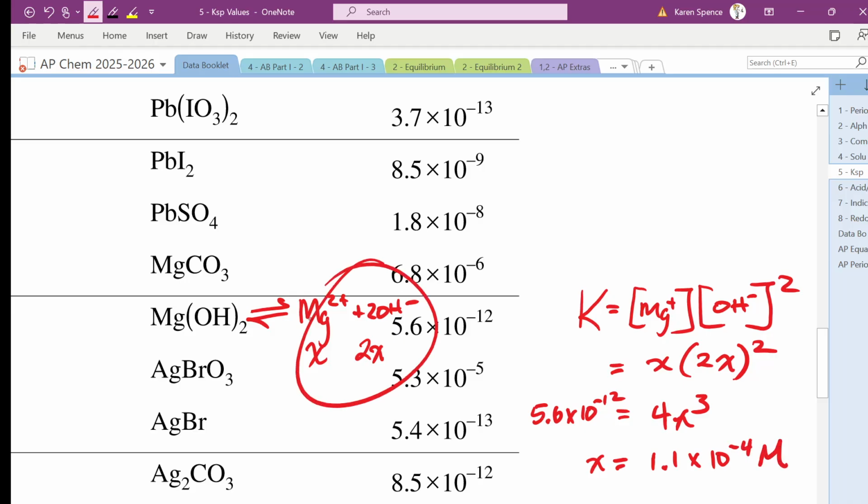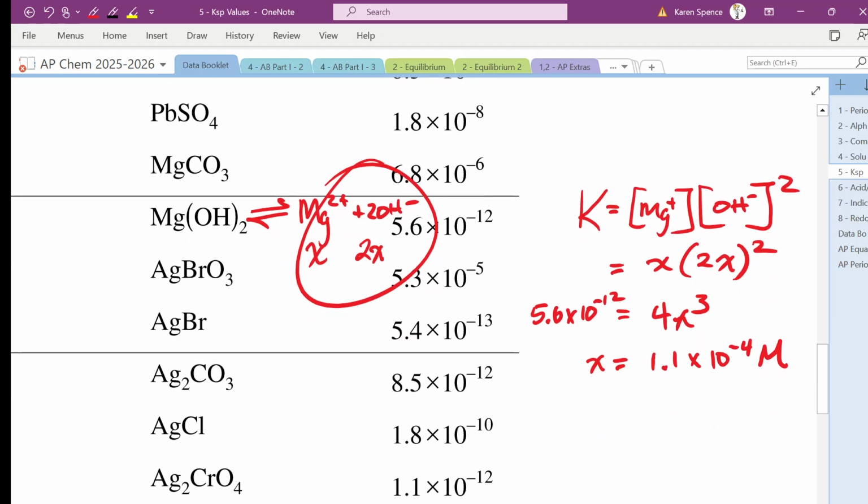And so the concentration of hydroxide would be 2.2 times 10 to the minus 4, which is quite a small concentration. But we find it using the solubility K value rather than a Kb.